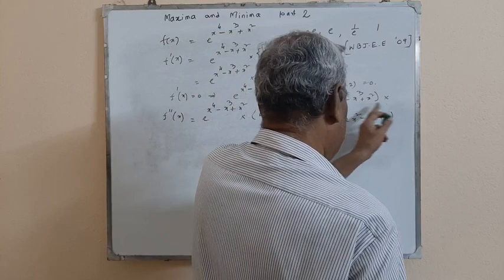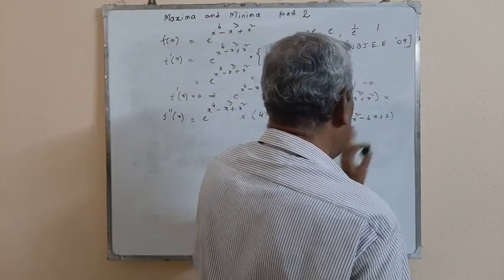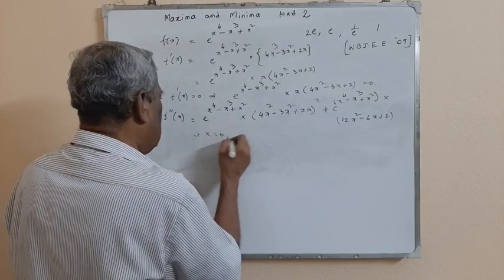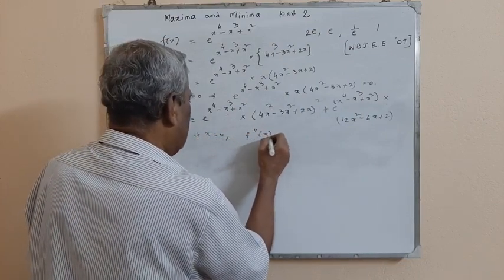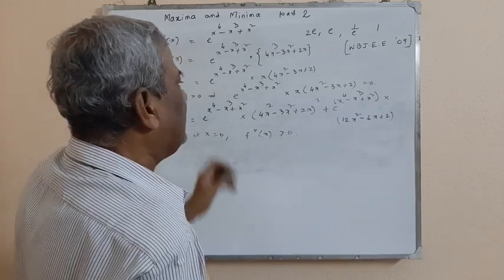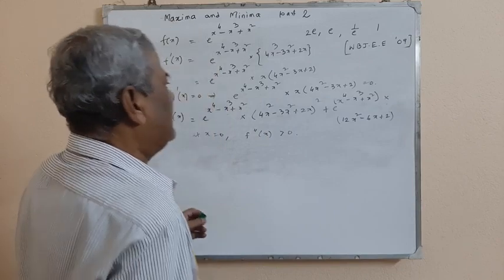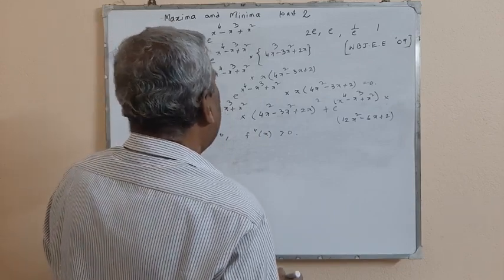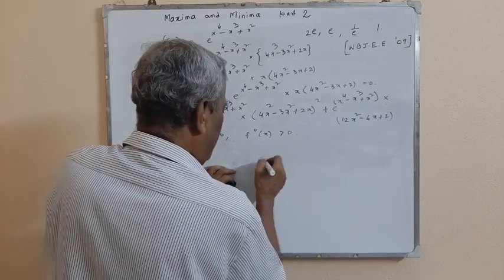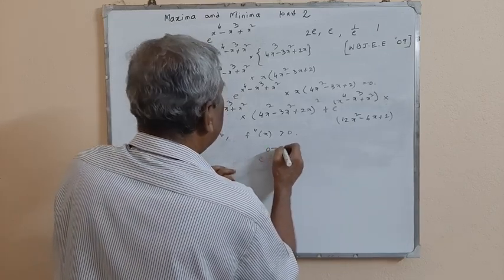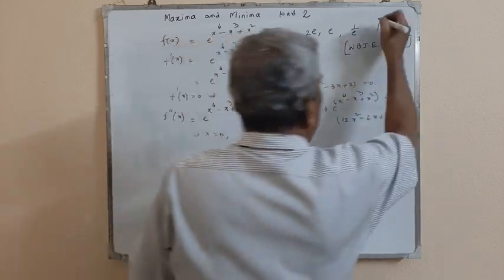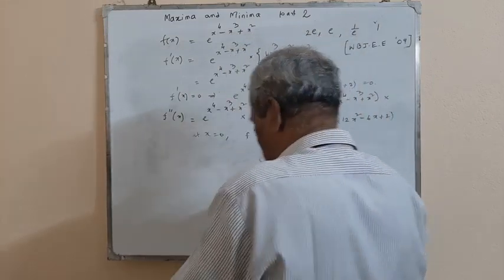This is positive into this is 2 at x is equal to 0. So at x is equal to 0, f double dash x is positive, so the function attains its minimum value at x is equal to 0, and the minimum value is e to the power 0 minus 0 plus 0, that is e to the power 0, that is 1. So the option is 1.